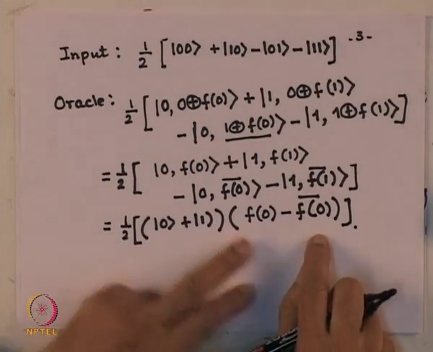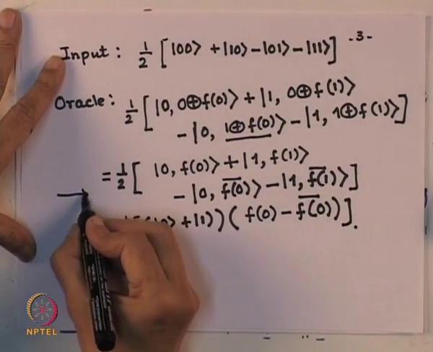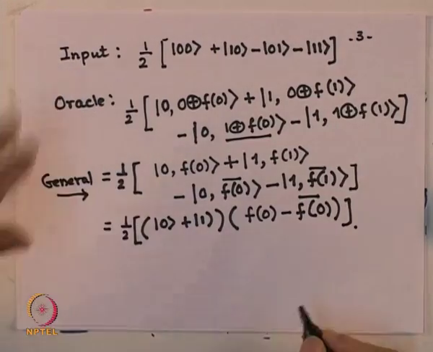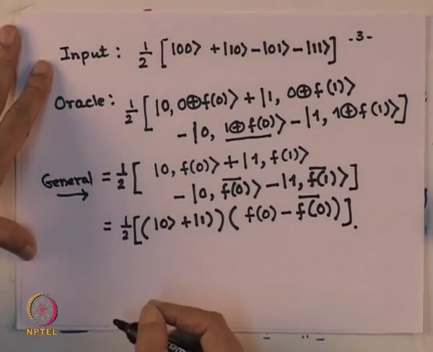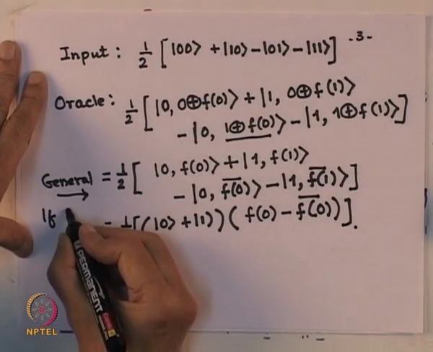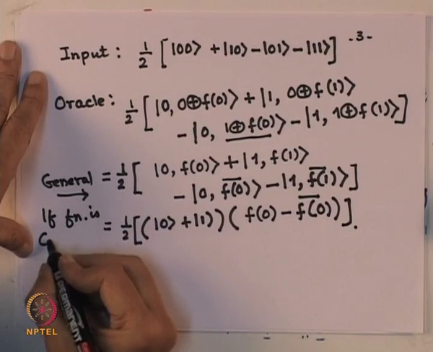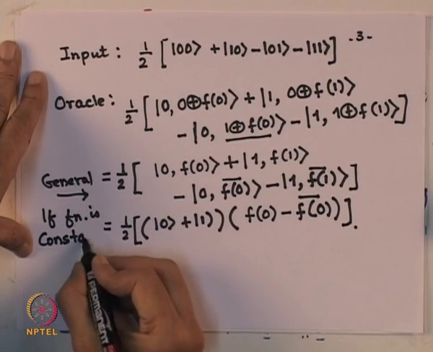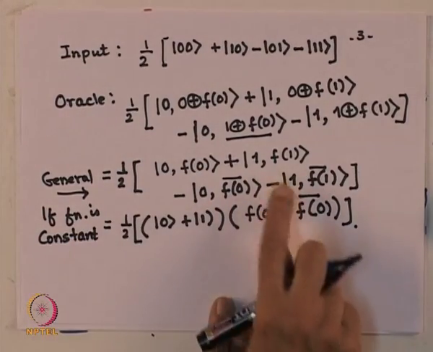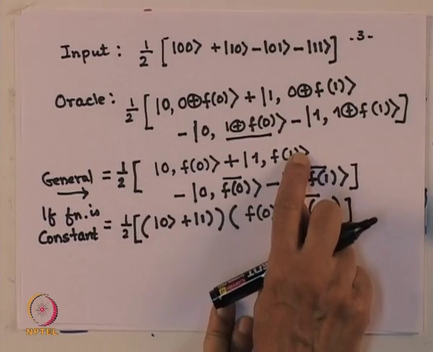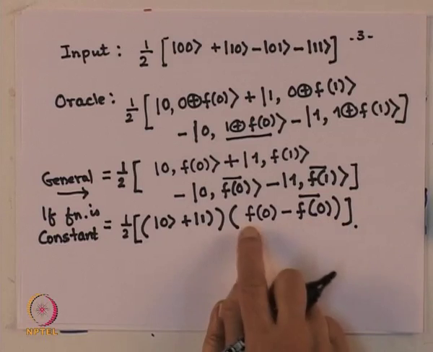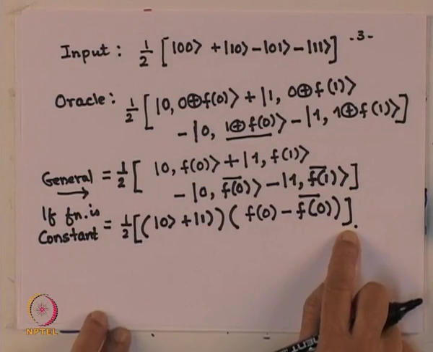So this is the general case. Now what I have done here is I am writing down what happens when the function is constant. So if the function is constant, I have f0 equal to f1, so I have replaced f1 with f0, so I get (0 plus 1) times f0, and f1 bar is the same as f0 bar, so this is what I would get.